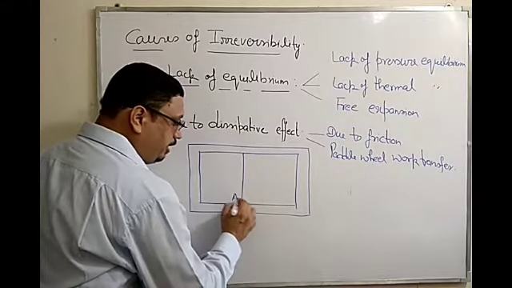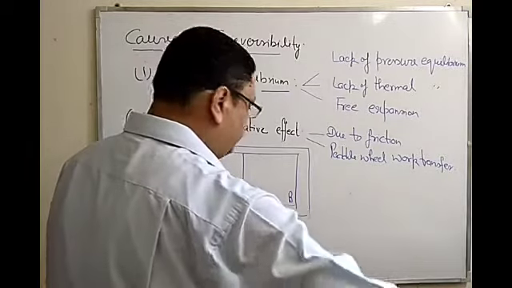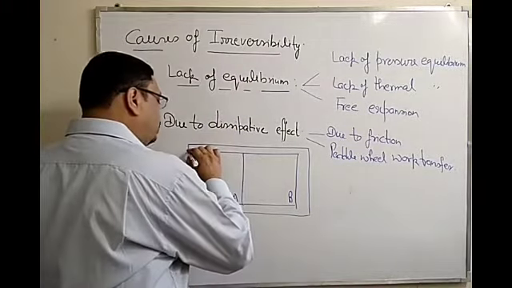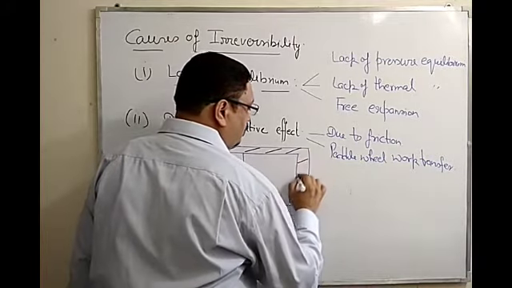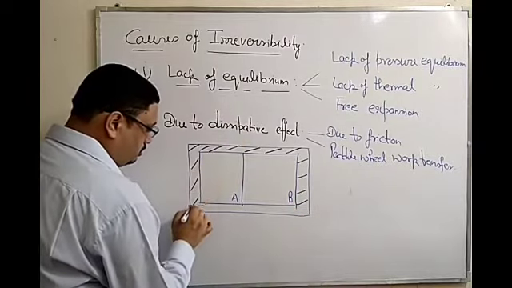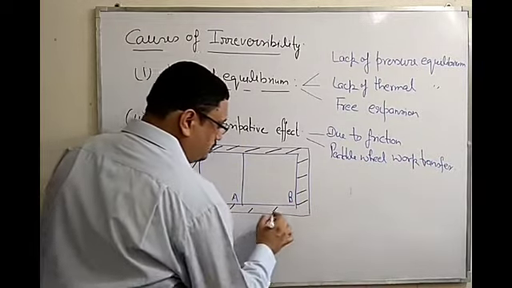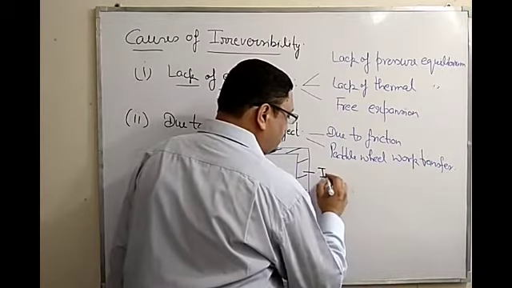This is A and this part is B, and the walls are made of some insulating material, that is, we can say insulation.